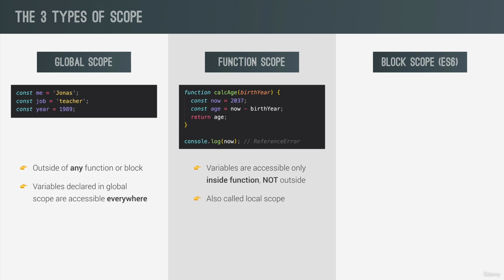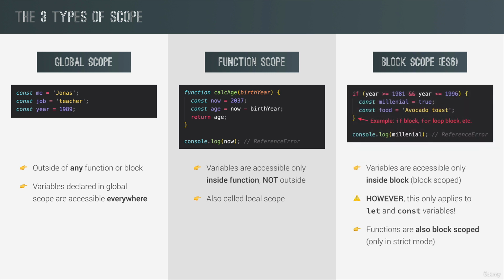Now, traditionally, only functions used to create scopes in JavaScript. But starting in ES6, blocks also create scopes now. And with blocks, we mean everything that is between curly braces, such as the block of an if statement or a for loop. So just like with functions, variables declared inside a block are only accessible inside that block and not outside of it.